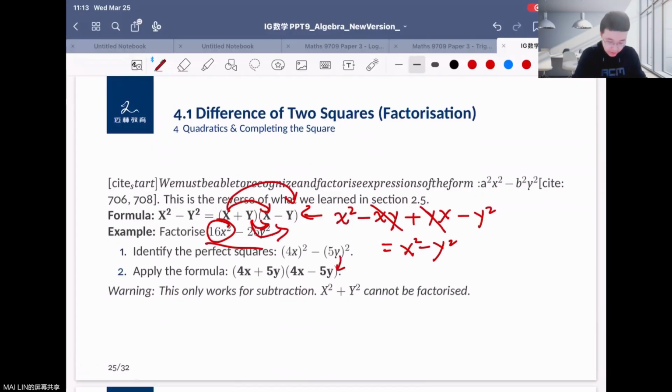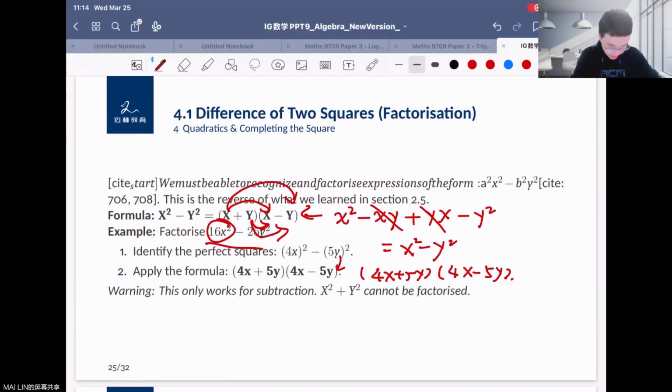So then you can write the formula as 4x plus 5y times 4x minus 5y, okay?